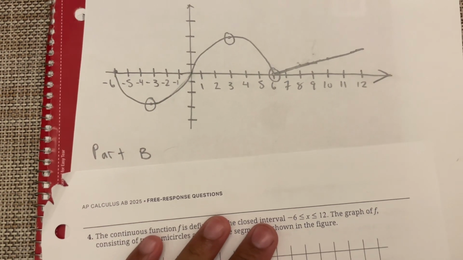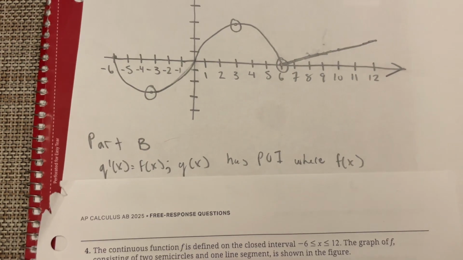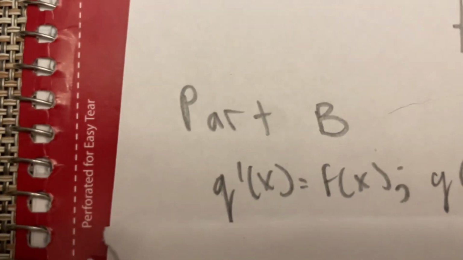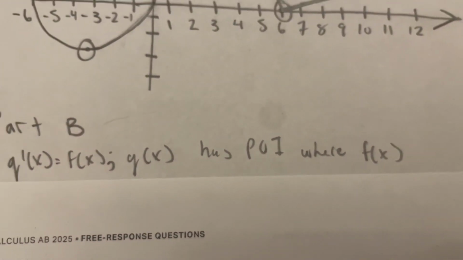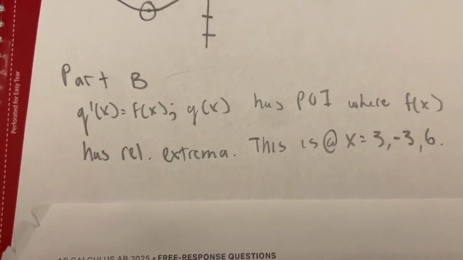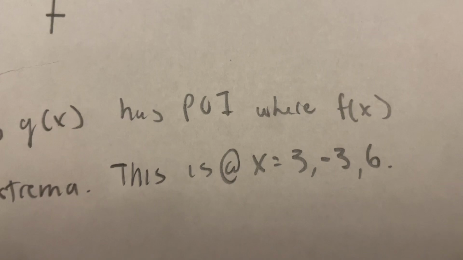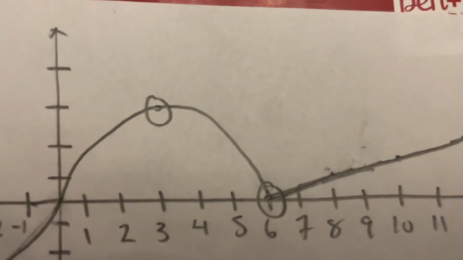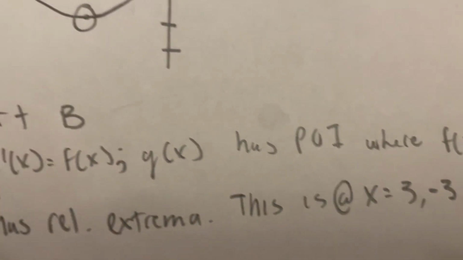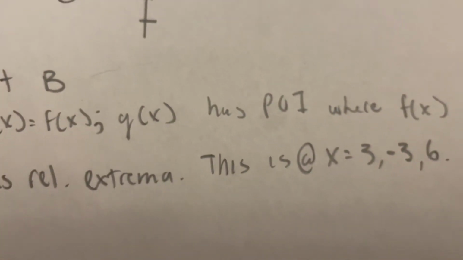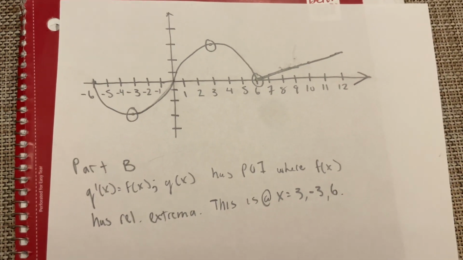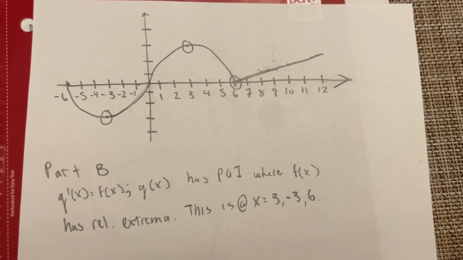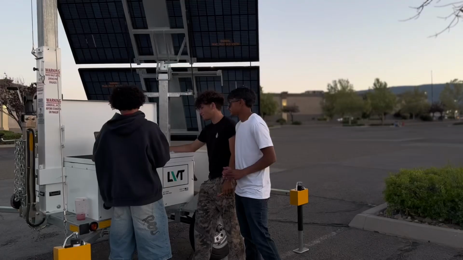First, we can use the equation G prime of X is equal to f of X. Then we can determine that G of X has POI where f of X has relative extrema. This would be at x equals 3, x equals negative 3, and x equals 6. So in terms of the car, the acceleration is 0 at these points.